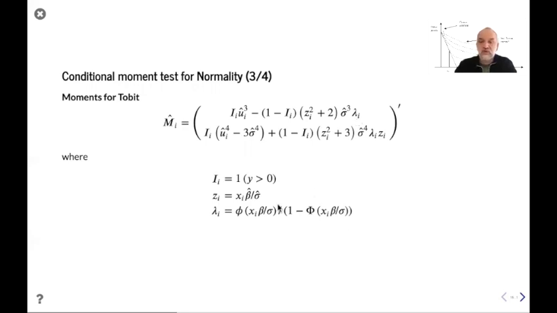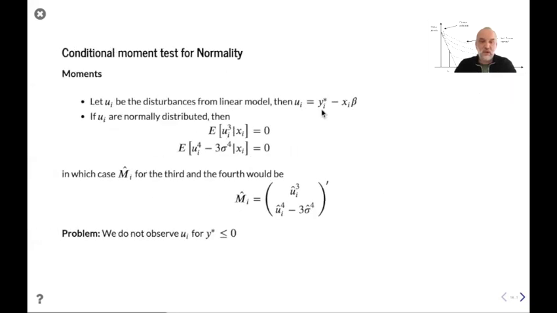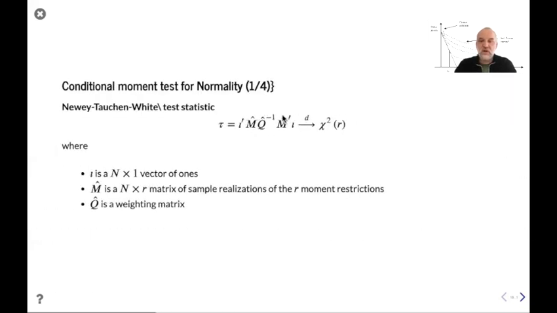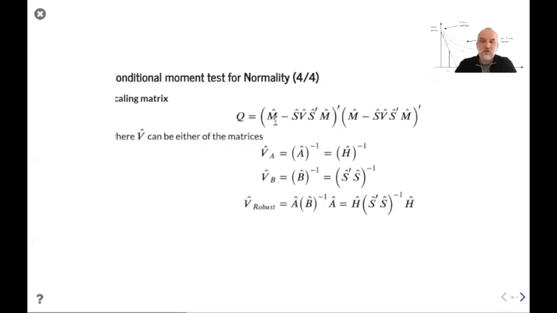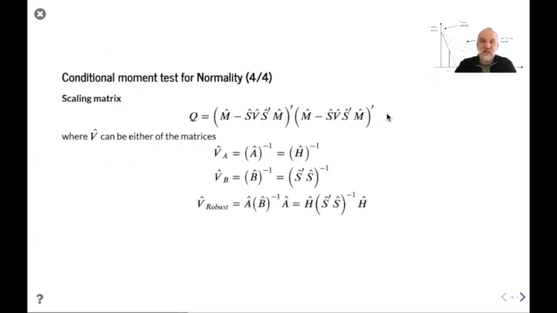You first estimate beta and sigma using a Tobit model. You stick them into all these expressions, put this into your computer, and bang, you got your m_i. It's just a matter of summing and calculating all of this. Well, you still need to calculate the Q matrix, the scaling matrix here, but we can calculate that as well.